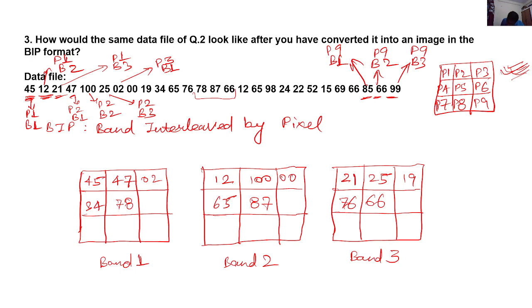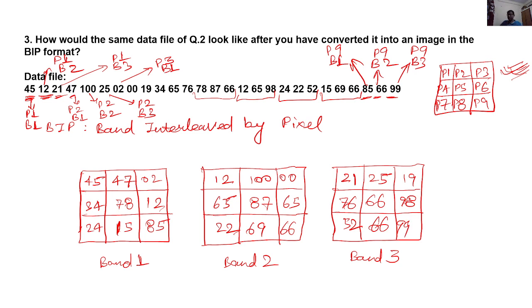So till that I have done. Then 12, 65, 98. This is also done. Then 24, 22, 52. This is also done. 15, 69, 66. This is also done. And the final three are 85, 66 and 99. This is how we store the data for the BIP format, which is the band interleaved by pixel.